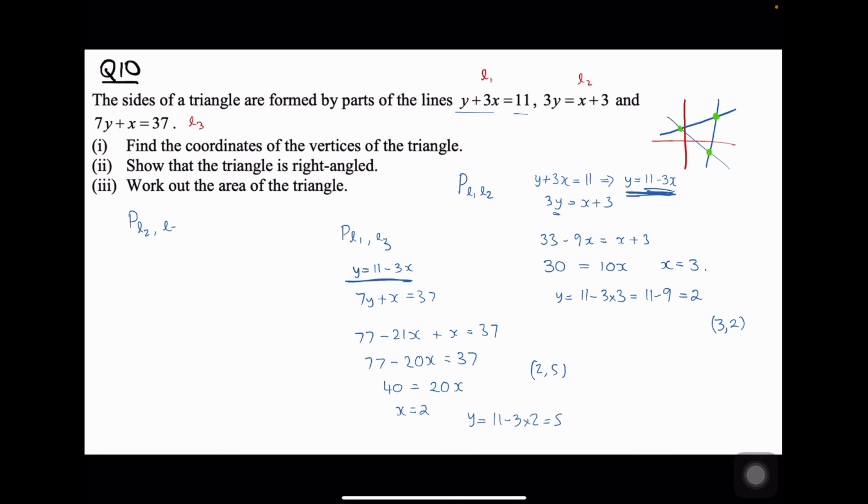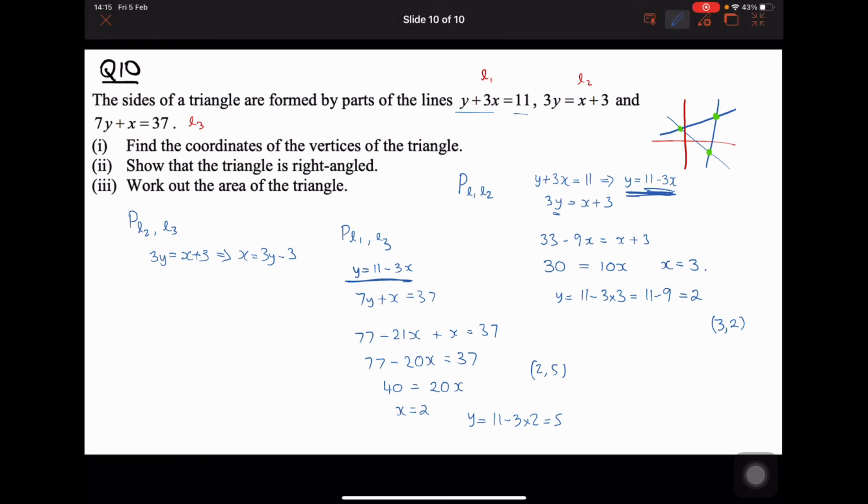Lastly, the point of intersection of the second and third lines. Let's say 3y. Take away 3 from both sides. We have x equals 3y take away 3.